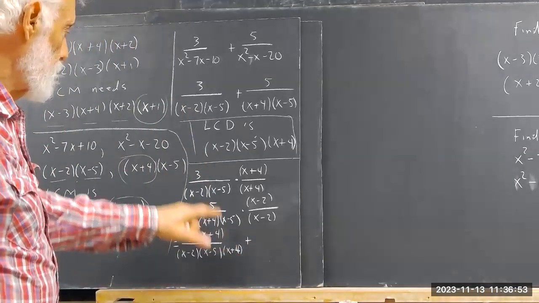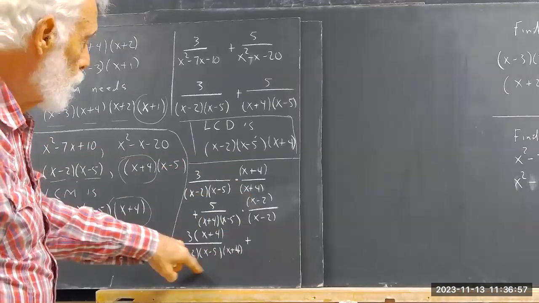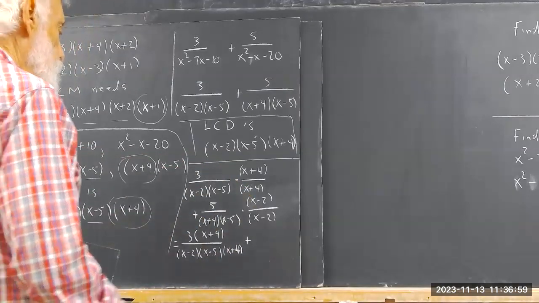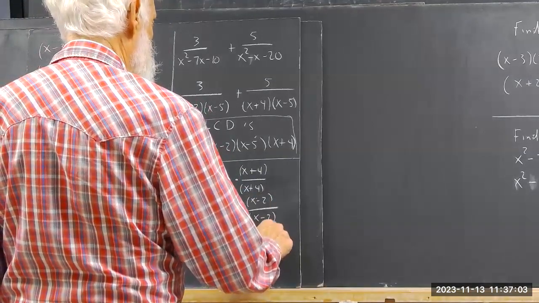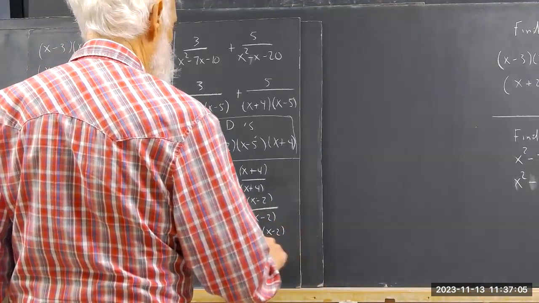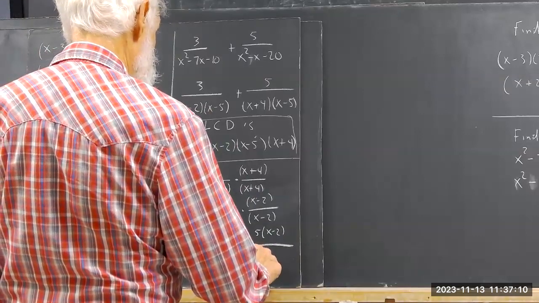Same denominator: x minus 2, x minus 5, x plus 4. And then we add that to 5 times x minus 2, divided by the same denominator.